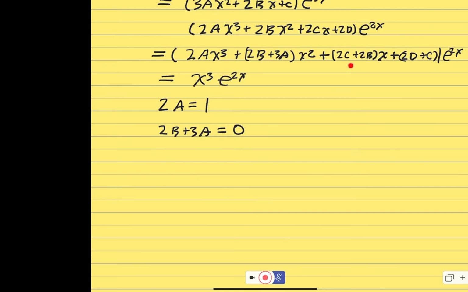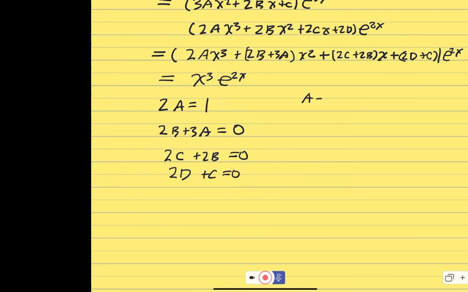For the x term, that is going to be 2c plus 2b equals 0. And then finally, for the constant terms, that's going to be 0. And so I get 2d plus c equals 0.